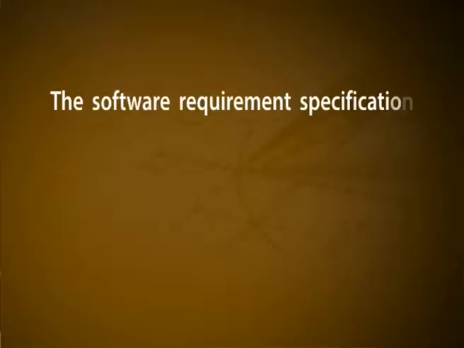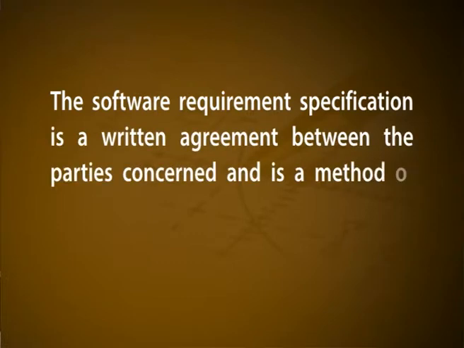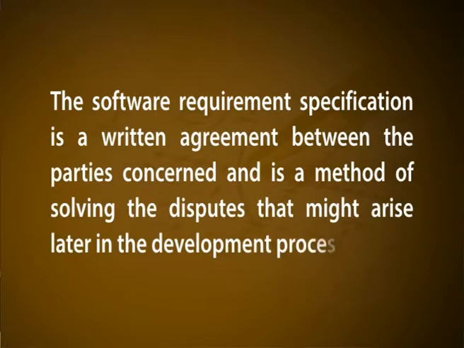Professional organizations such as IEEE and large software clients have adopted standards for its composition. That is, the software requirement specification is a written agreement between the parties concerned and is a method of solving disputes that might arise later in the development process.